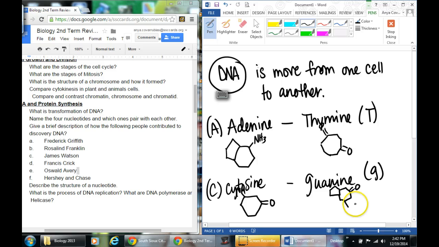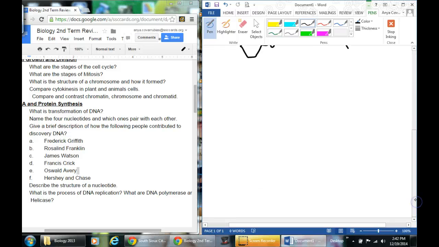Okay, so give a brief description of how the following people contributed to the discovery of DNA. Well, Frederick Griffith, he was the first one that did the transformation of DNA. So Griffith's experiment, he did an experiment with different types of bacteria. He did S bacteria and R bacteria, and the S bacteria was a deadly bacteria and the R bacteria was not.